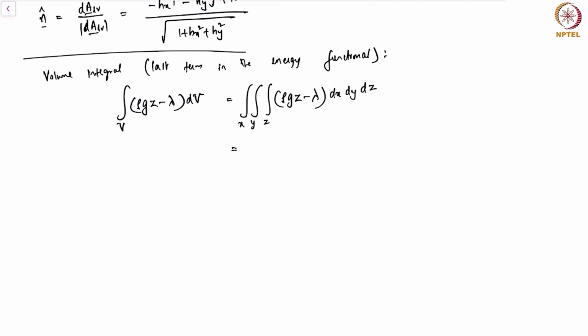Right? So this can simply be written as an integral over the solid liquid interface times an integral over z, where z goes from 0 to h, which is a function of x and y, of rho g z minus lambda, dx dy times dz.